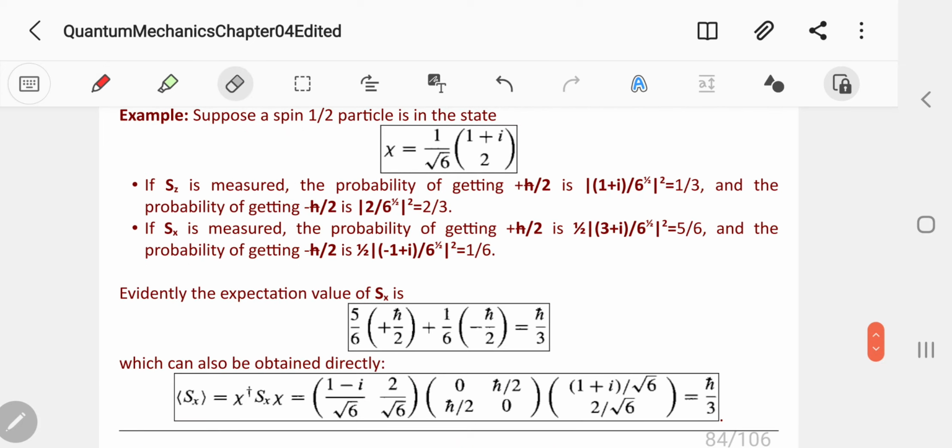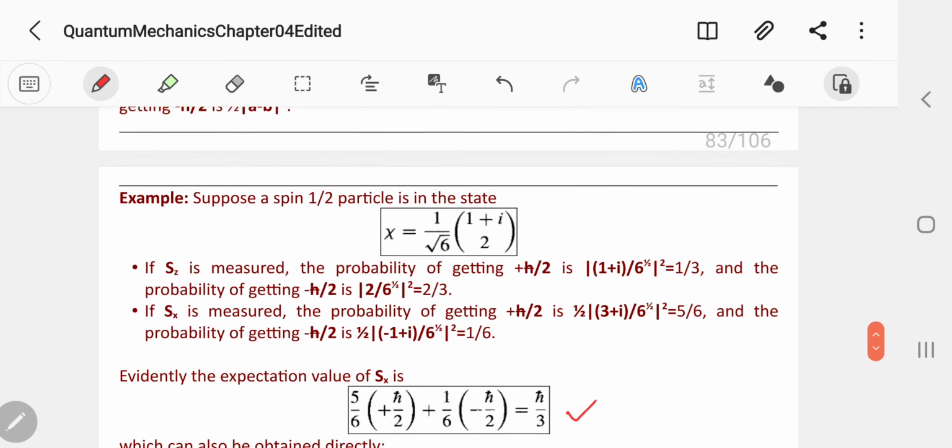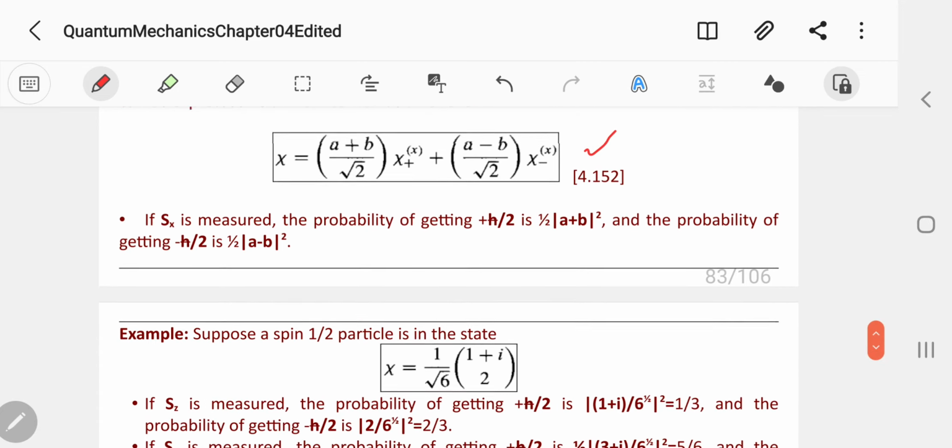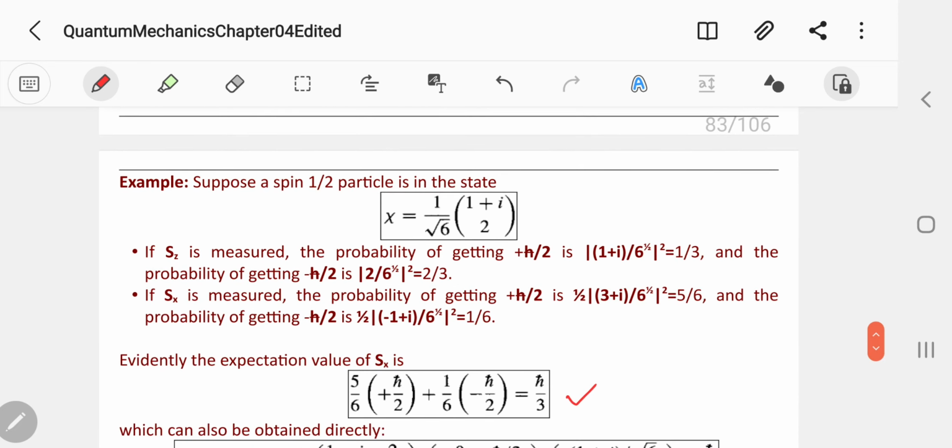So here you have the expectation value for Sx is this one, if you write the general state in terms of this. Yeah. So here you have Sz is just equal to this.